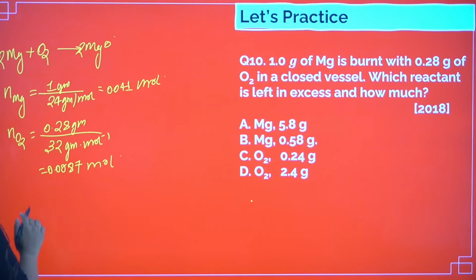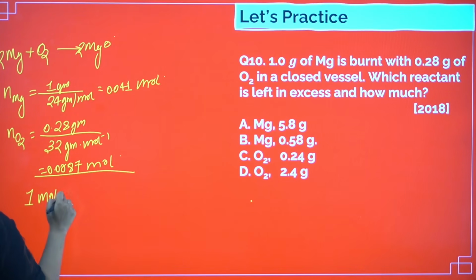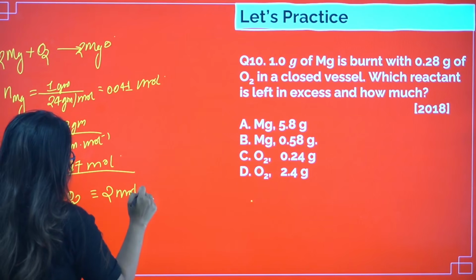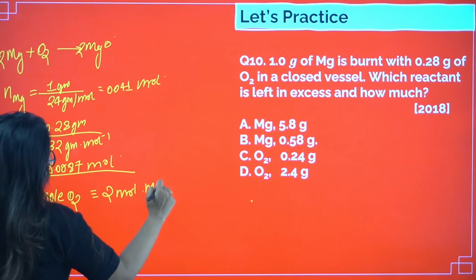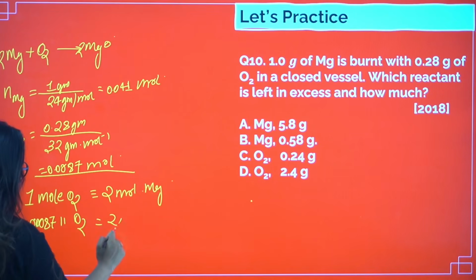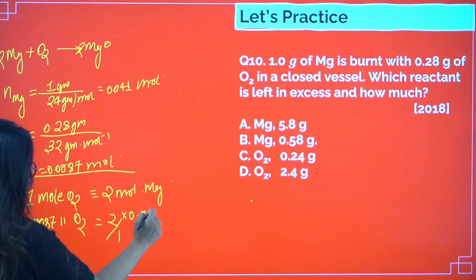Now we will see, if I have this many moles of oxygen, how much magnesium I actually need. From the reaction, 1 mole of O2 requires 2 moles of Mg. So 0.0087 mole of O2 means 2 by 1 into 0.0087.